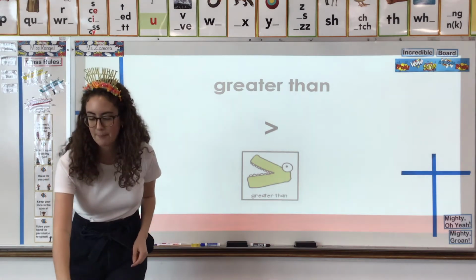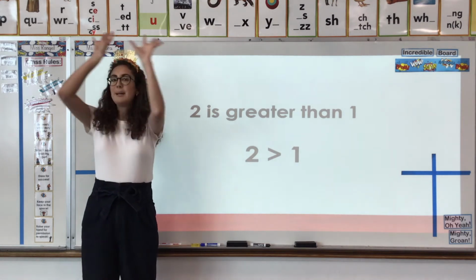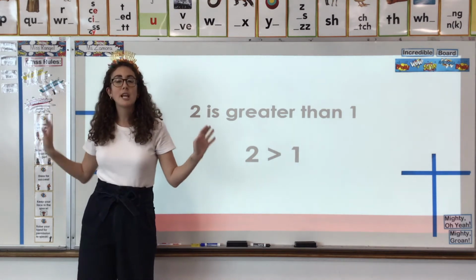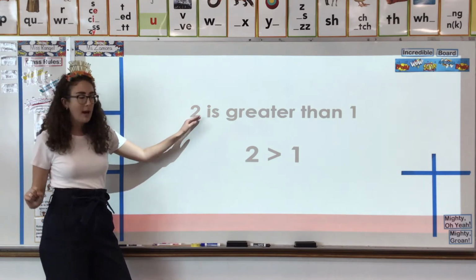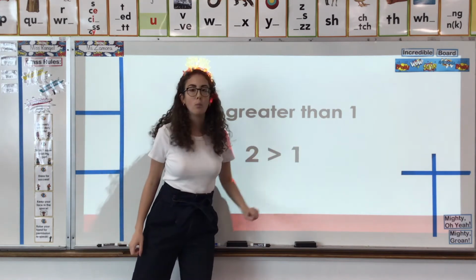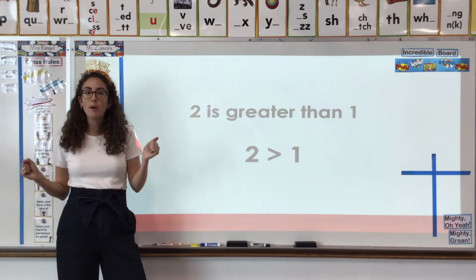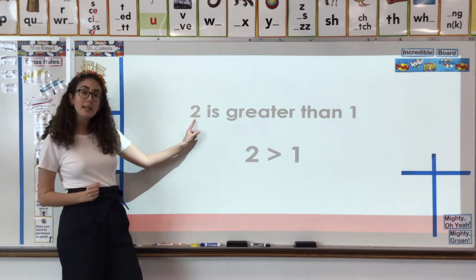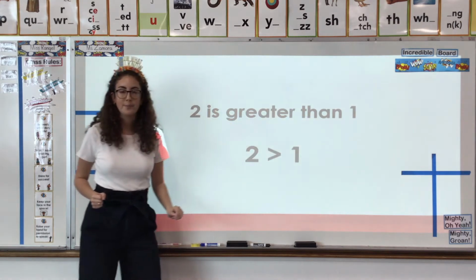Let's see it as an example. So, we have the same numbers, but now we've switched it so it changes our language and our symbol. Before we've been writing 2 is greater than 1. 2 is the bigger number. It has more value. So its relationship is that it's greater than 1.